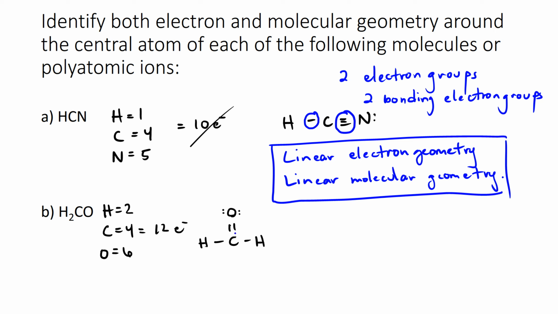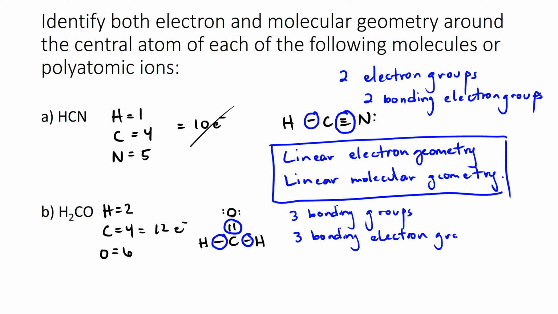We'll go ahead and look at the central atom. Carbon now has 1, 2, 3 bonding groups. All 3 groups are bonding electron groups. Therefore, the electron geometry and the molecular geometry are both going to be trigonal planar.